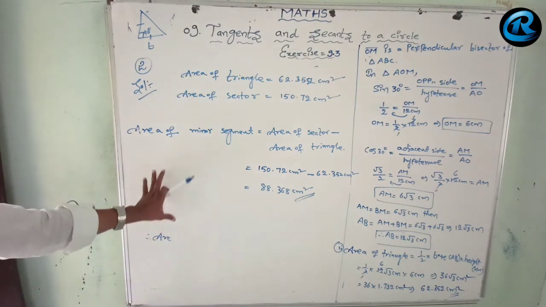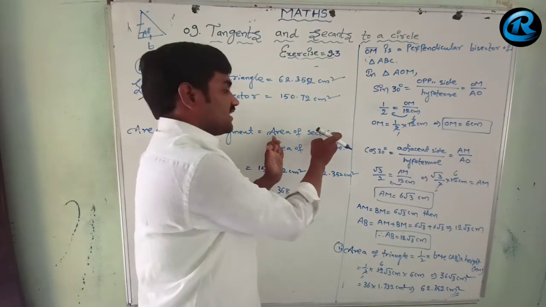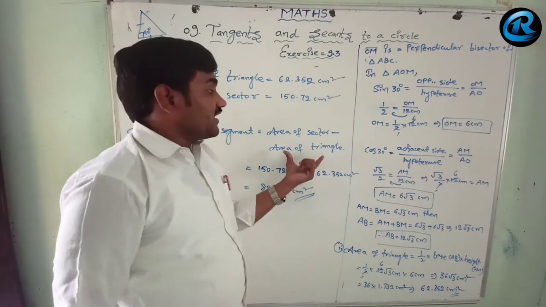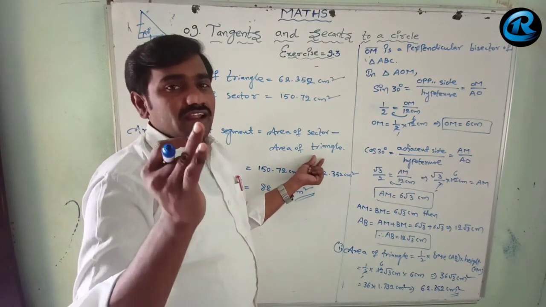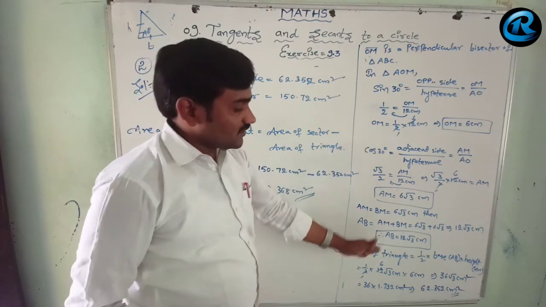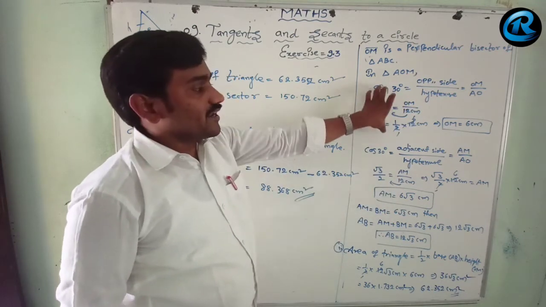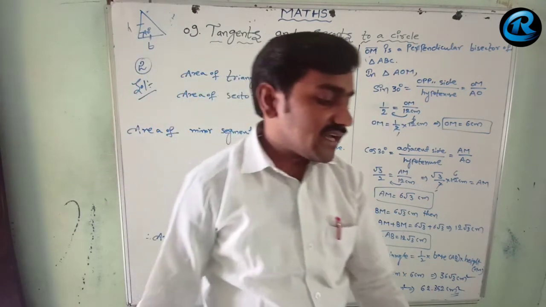I hope you understood how to do the area of minor segment. Same formula, area of minor segment అంటే area of sector minus area of triangle. Area of triangle ఇక్కడ right angle triangle ఇవ్వలేదు కనుక బేస్ను, హైట్ను ఫైండ్ అవుట్ చేయడానికి ట్రిగ్నామెట్రిక్ రేషియోస్ని యూజ్ చేసాం. ట్రిగ్నామెట్రిక్ రేషియోస్ని యూజ్ చేస్తే మనకు బేస్ అండ్ హైట్ వస్తాయి.